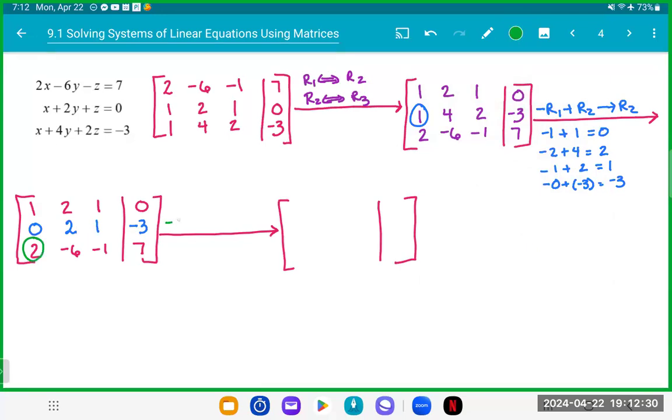So now again, we're just doing -2 of row 1, right? Because -2 times 1 is -2 plus 2 is 0. So we'll add it to row 3 and replace row 3. We're not changing rows 1 or 2, so we'll just copy those down exactly as they are.